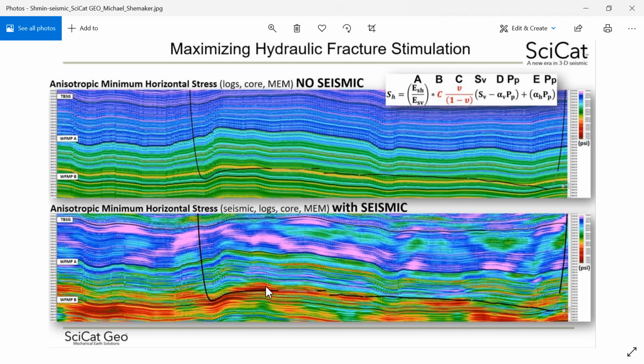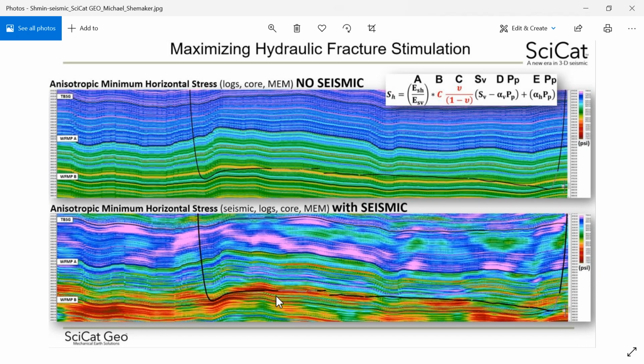As a result of that variation, we can find, in this case, sweet spots for hydraulic fracturing, or let me phrase it better, these are places where the minimum principal stress, in this case horizontal, is the lowest, in red.